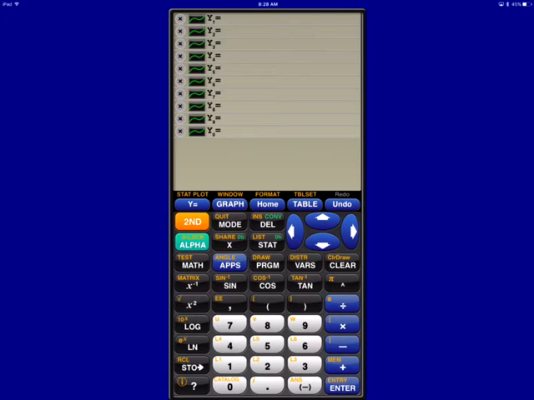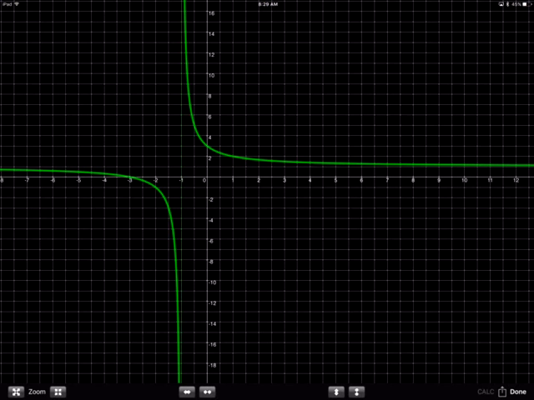Do we plug in the original or the simplified? Well, that's a good question. What is going to be the difference here? Let's go ahead and plug in the original, x squared minus 9, because it's the original that we really want to graph. Is there going to be a difference between the original and the simplified? Okay, so let's go ahead and graph this.